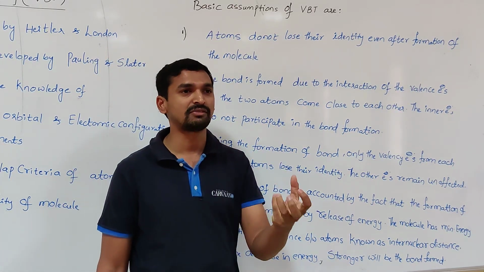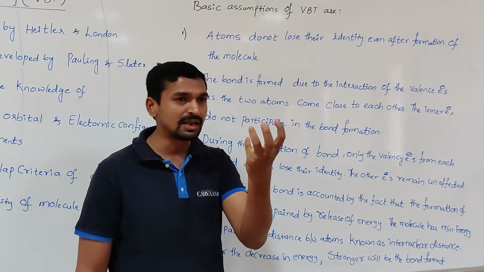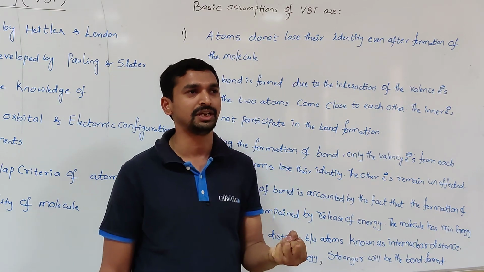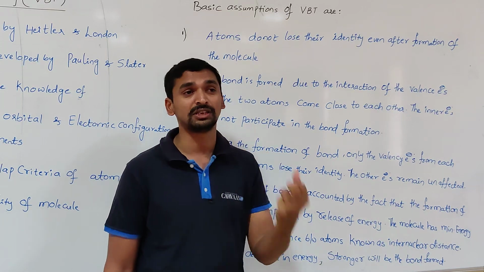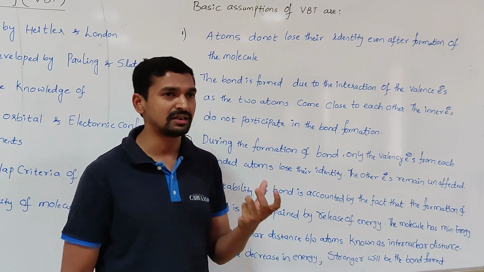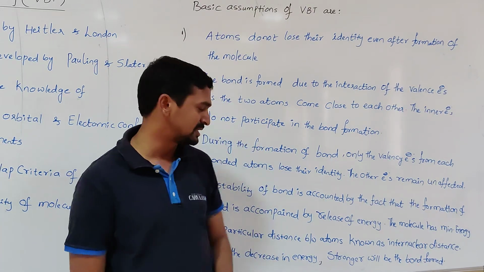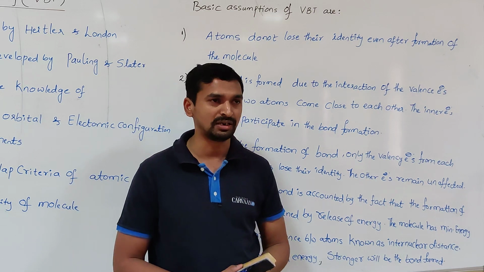The state where the molecule acquires the minimum energy is always said to be the most stable state. At that state, the atoms are separated by a certain distance. That distance is called the internuclear distance, which we also call the bond length.